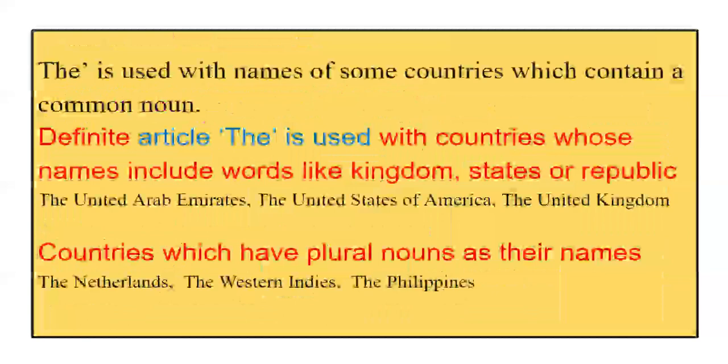Like when we say the United Arab Emirates, or the United States of America, United and States are common nouns. So we use the with this. And the countries which have plural nouns as their names, there we use the with those countries' names, like the Philippines, the West Indies, the Netherlands.